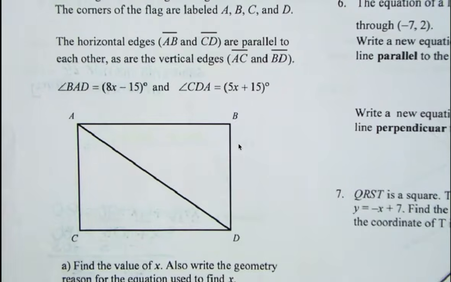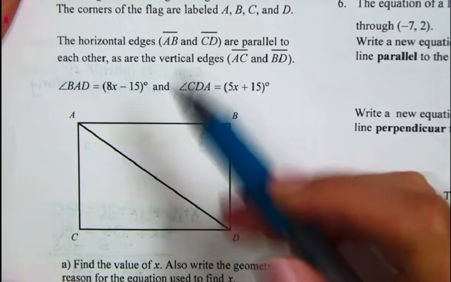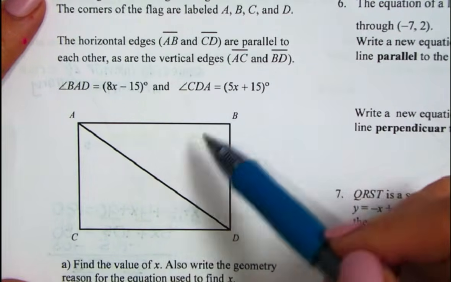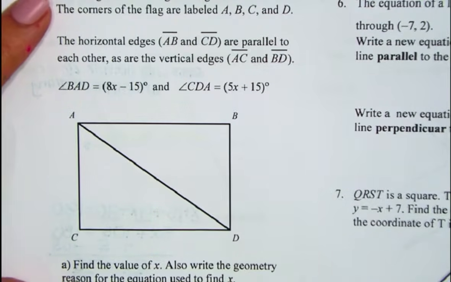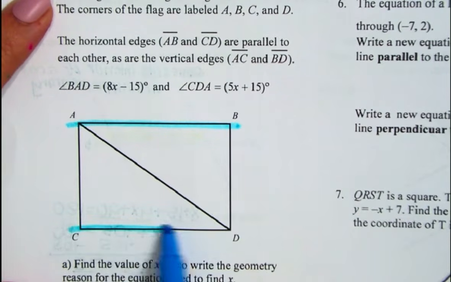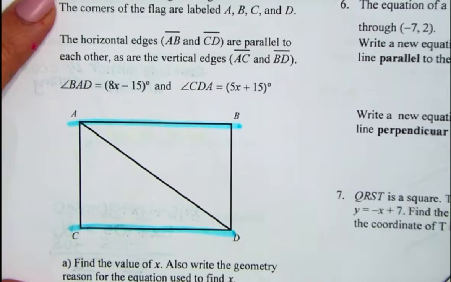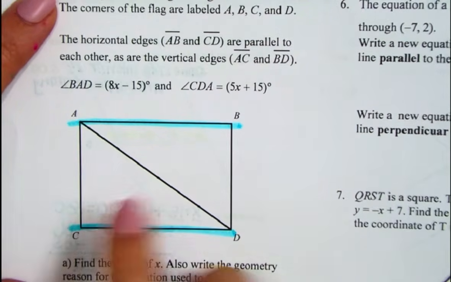The flag is shown below, and the corners of the flag are labeled A, B, C, D. The horizontal edges AB and CD are parallel to each other, so they're giving us that AB and CD are parallel. And as are these vertical edges over here, AC and BD.